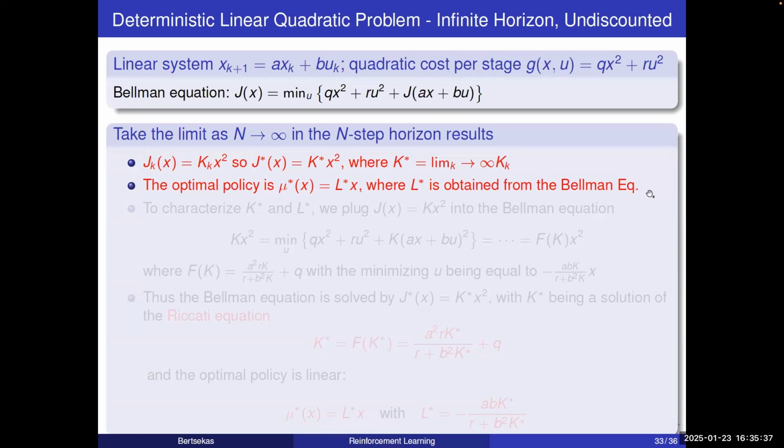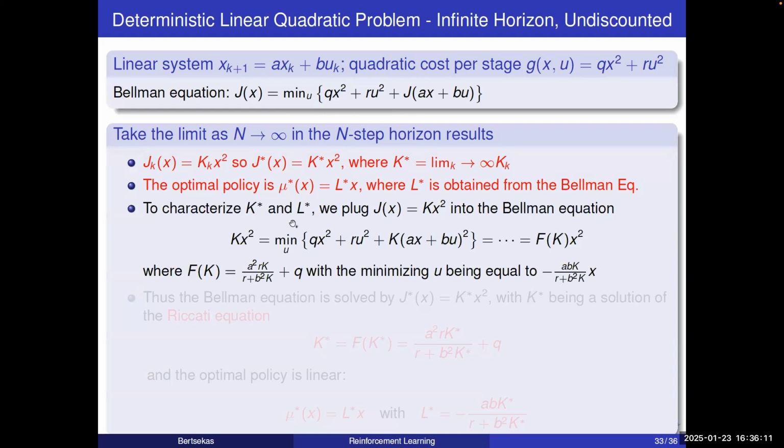So if we plug K star x squared into here and perform the minimization, essentially setting the derivative with respect to u to 0, we're going to see that it's linear in x. So fixing x, it becomes a constant, and we minimize over u, and the u that attains the minimum looks like this, which is linear in x.